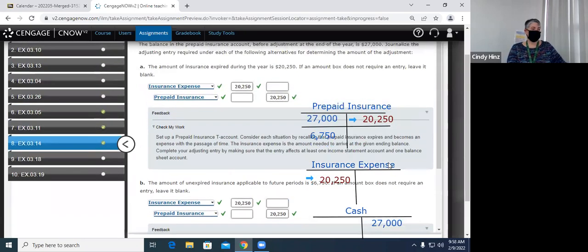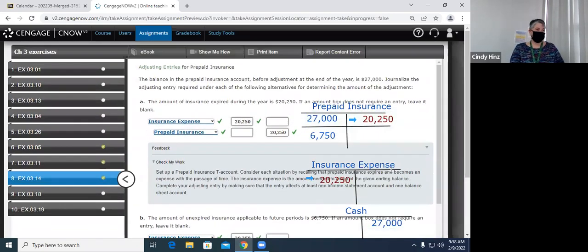Any questions about prepaid insurance? You understand why we do the adjustment, how we do the adjustment, why it's necessary. Pay attention to how the information is given to you, because it really could be either way. If I were working for this company, I would do whichever, because I'm me, I like to be efficient. I would do whichever is easier.